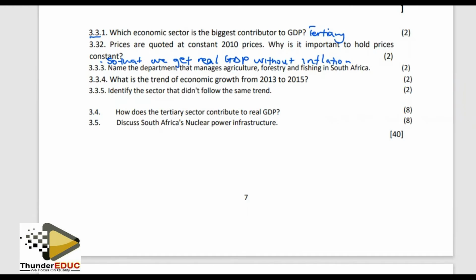Name the department that manages agriculture, forestry and fishing in South Africa.